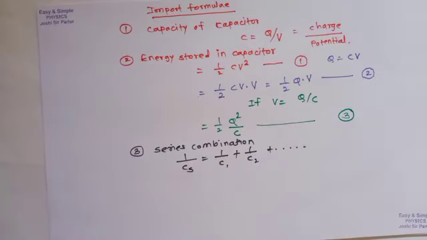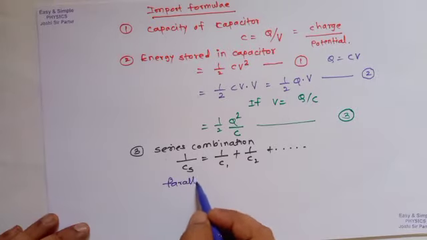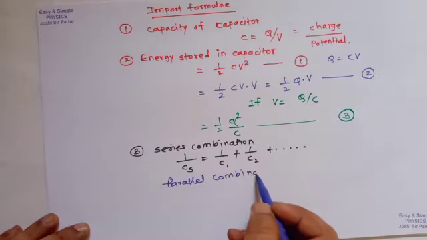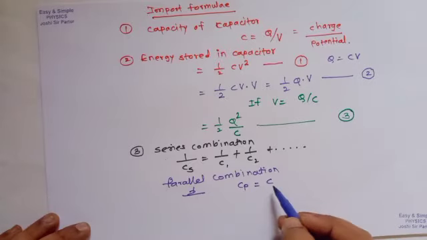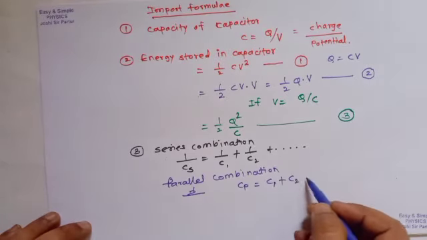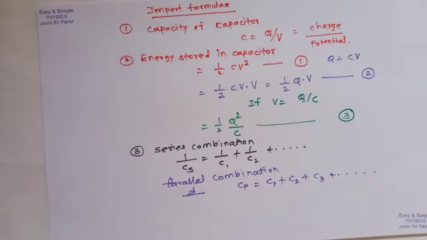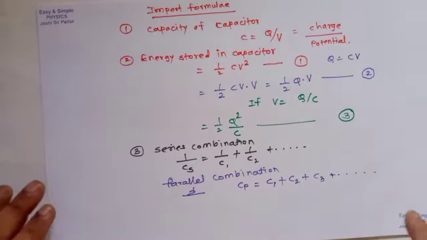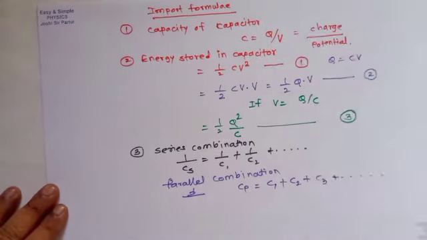And for parallel combination, the resultant capacity will be the sum of the capacities of each capacitor. These formulas can be useful for solving some numericals on how to find energy stored in a parallel plate capacitor.